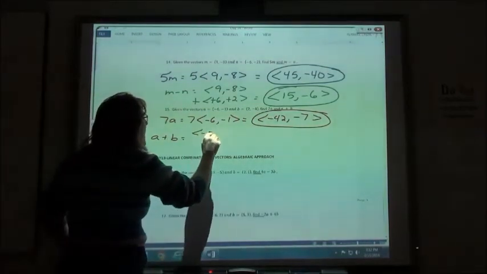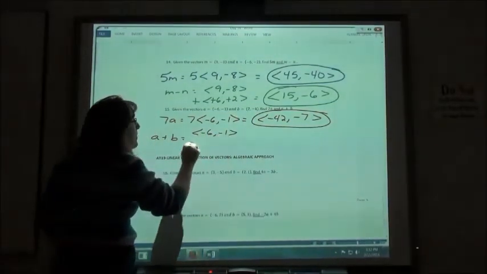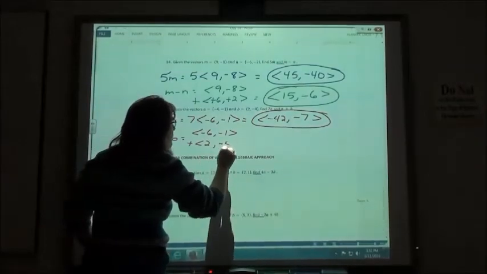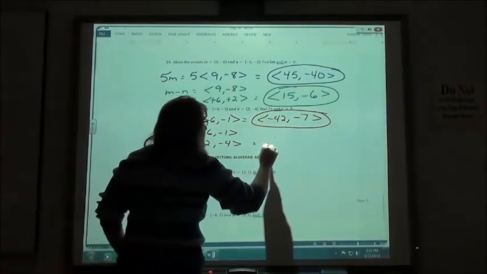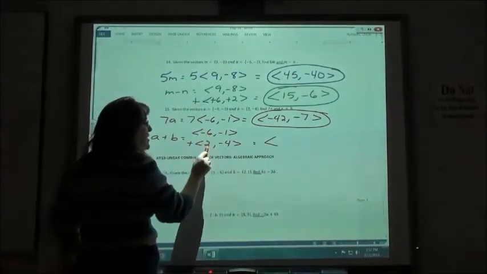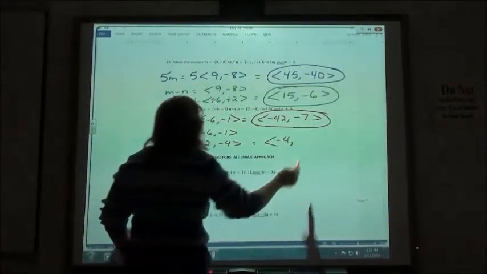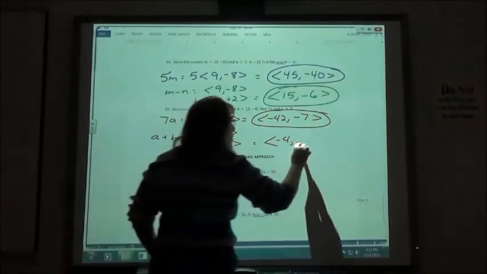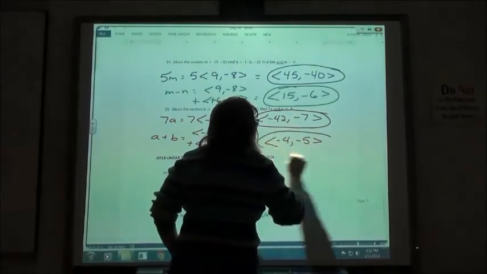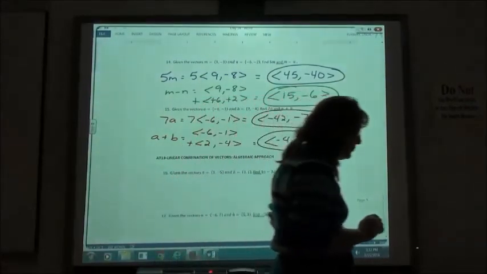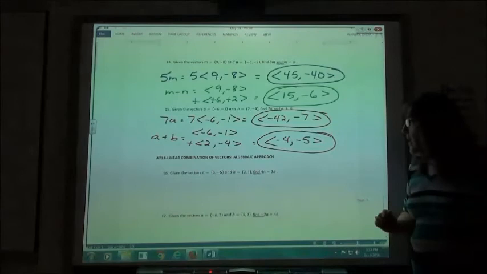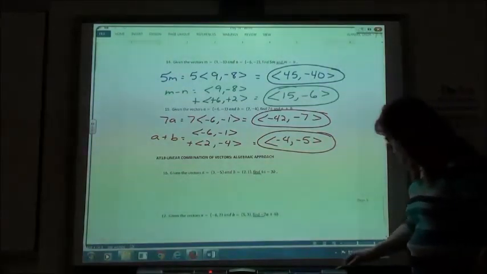So I'm going to take -6, -1. I'm going to add the 2, -4. Adding the numbers in the same spots. The -6 plus the 2 would be -4. -1 plus -4 would be -5. And that's all there is to those ones.